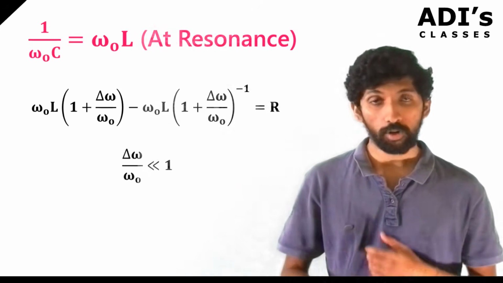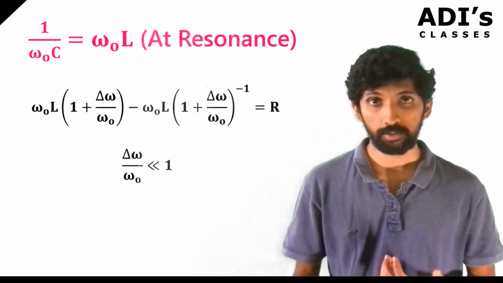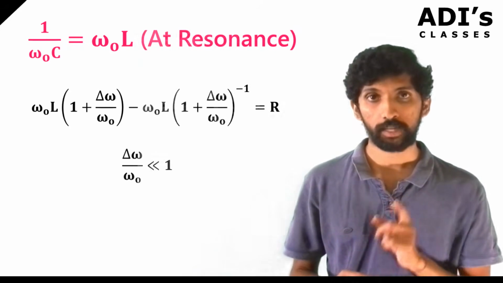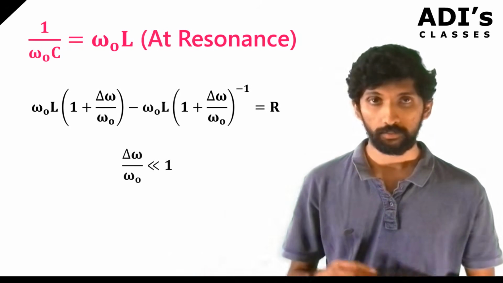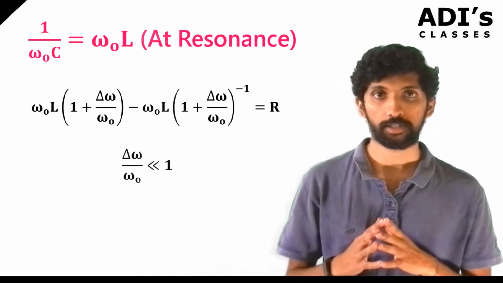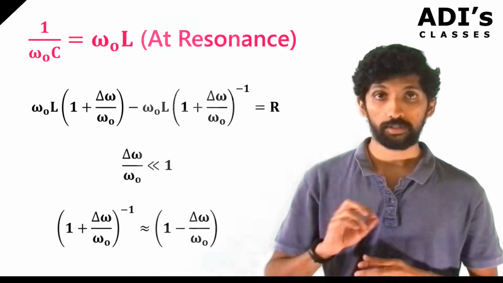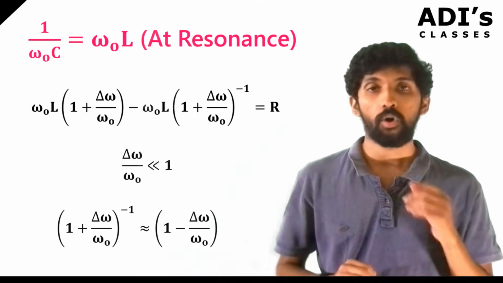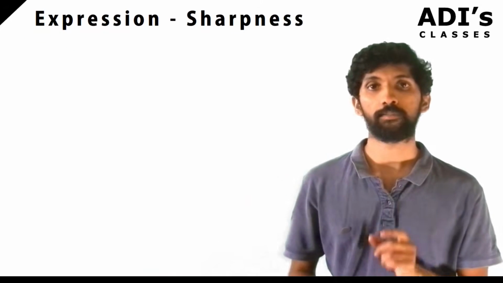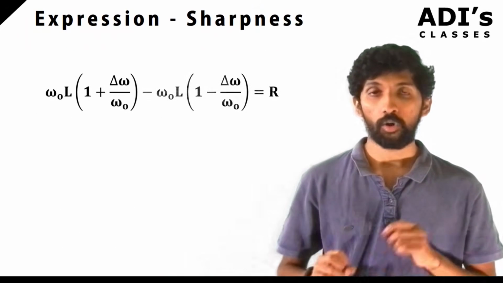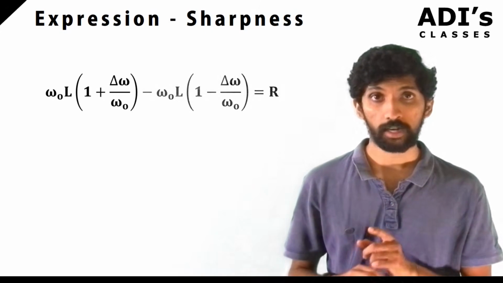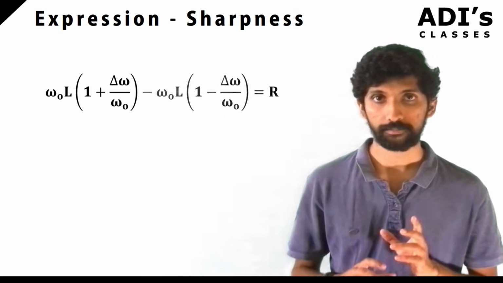So what we can substitute, in place of (1 plus delta omega by omega naught) to the power of minus 1, is 1 minus delta omega by omega naught. So the whole expression changes to omega naught L into (1 plus delta omega by omega naught) minus omega naught L into (1 minus delta omega by omega naught) is equal to R.